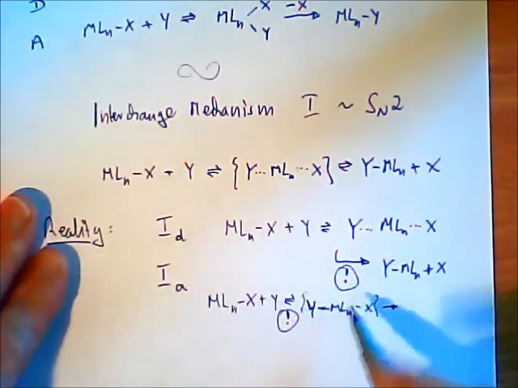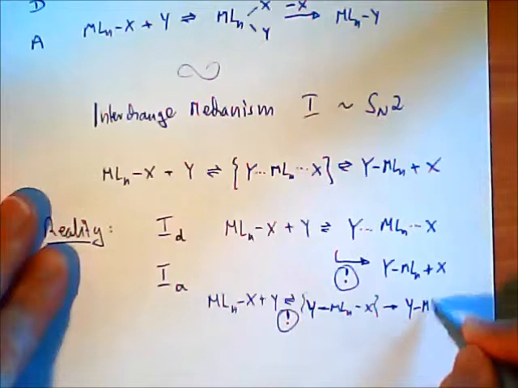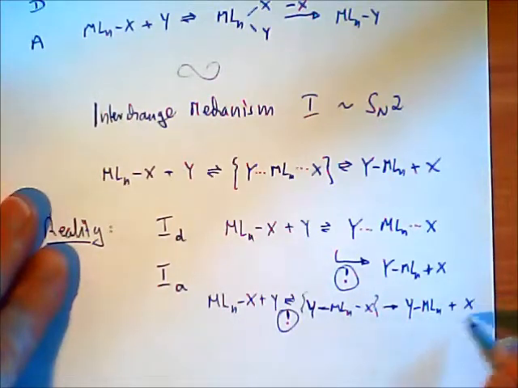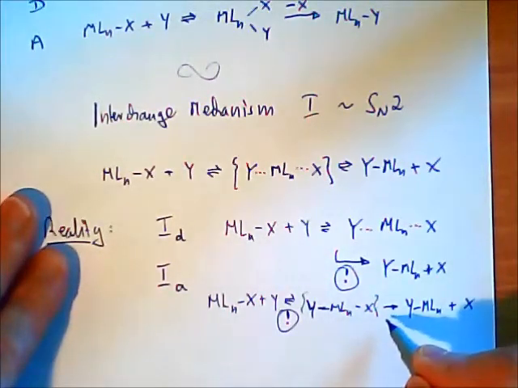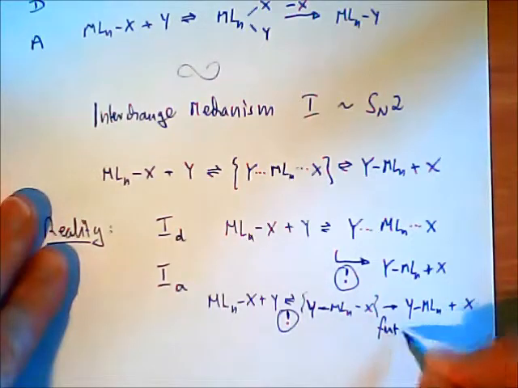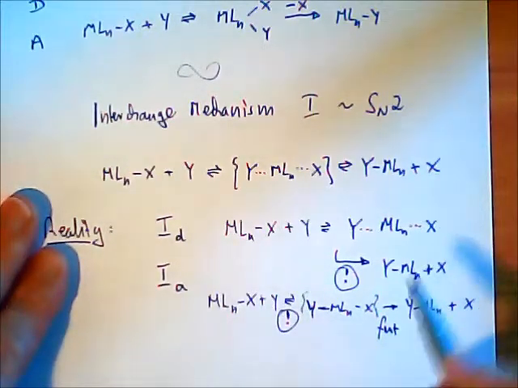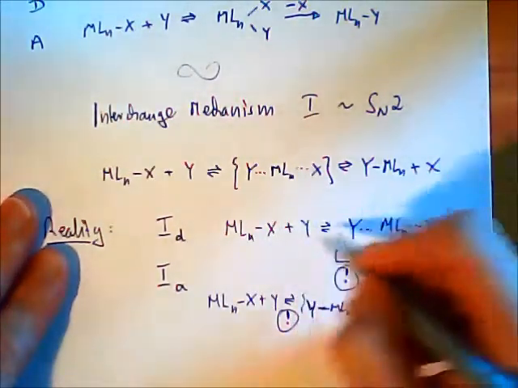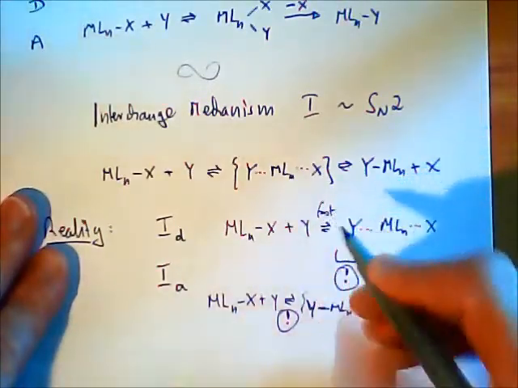In the consequence, the breaking of the MX bond is fast. So this reaction is fast, whereas in the other case the first reaction is fast.